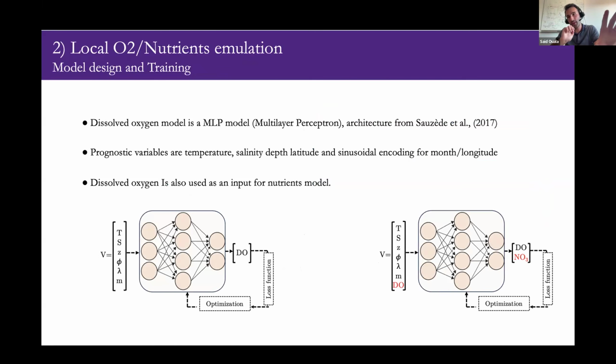A model for dissolved oxygen that takes as prognostic variables, or input variables, the physical variables of temperature and salinity, and also space-time variables, things like depth, latitude, and sinusoidal encoding for the month and longitude, to take into account the periodicity of these variables. And the nutrient networks also use, in addition to these variables, dissolved oxygen as an input.